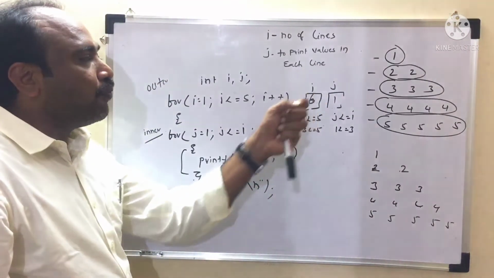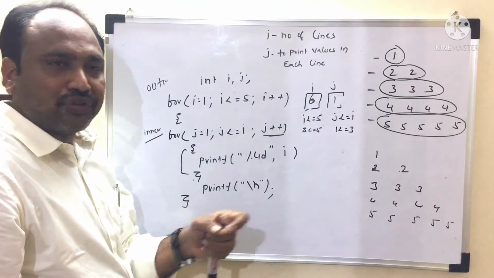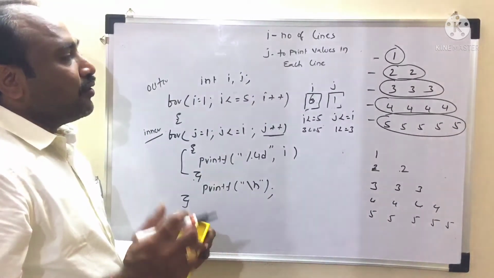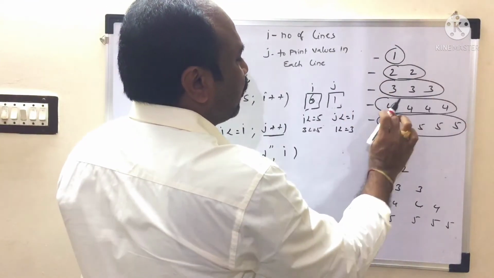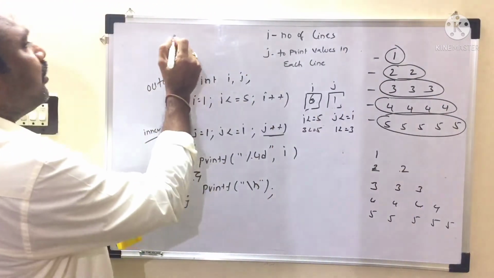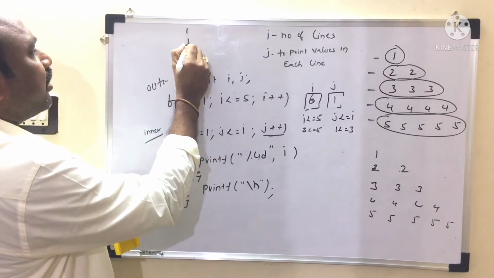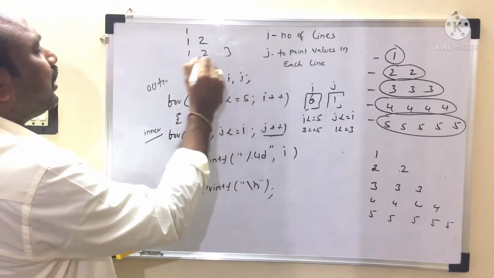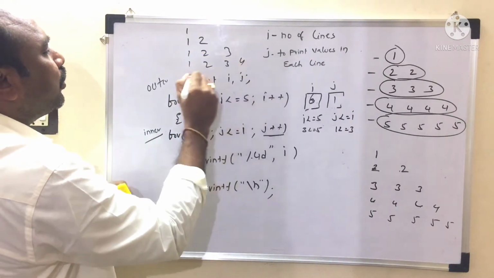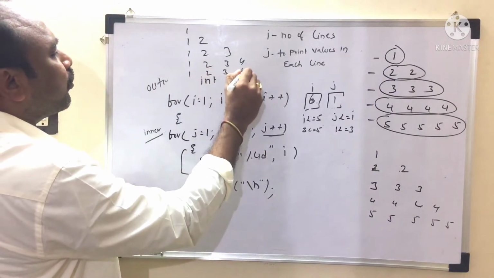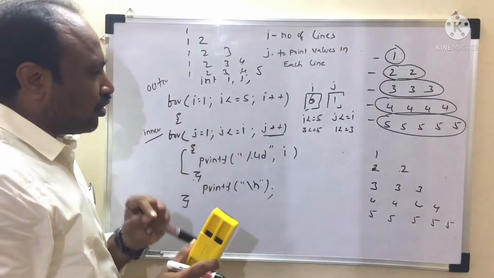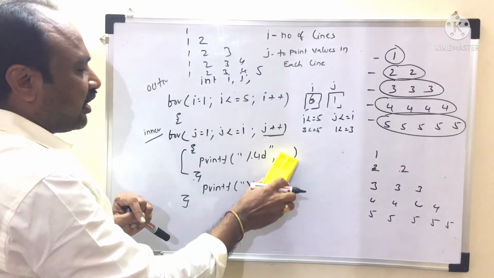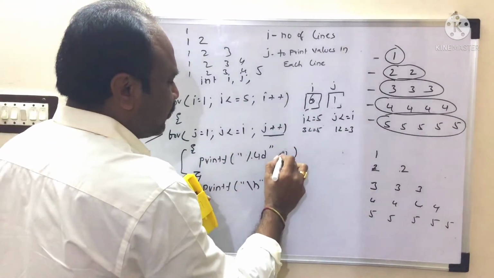In this type of problem, we are going to use nested for. Some of you may have one doubt. Instead of printing 1, 2, 2, 3, 3, 3, 4, 4, 4, 4, 5, 5, 5, you have to write 1, 1 2, 1 2 3, 1 2 3 4, 1 2 3 4 5. The same logic, the same code, you have to write. Instead of writing i, you have to write j.